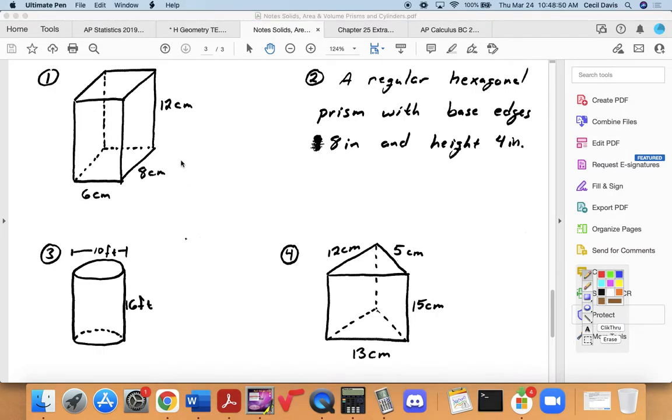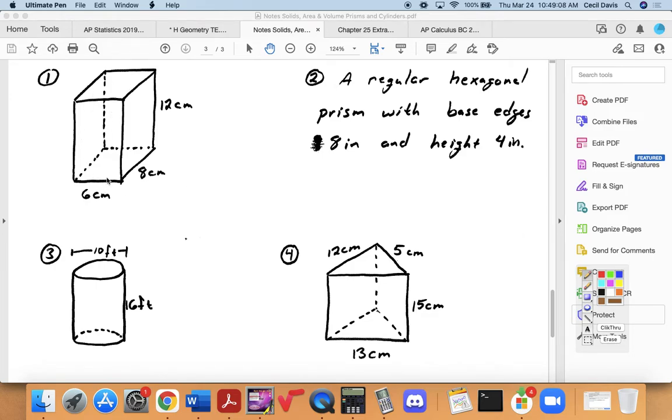So for this first one, what I suggest that you start by doing is identifying the bases and then finding the perimeter and the area of the base. If you do that first, then it's just substituting into formulas and going.